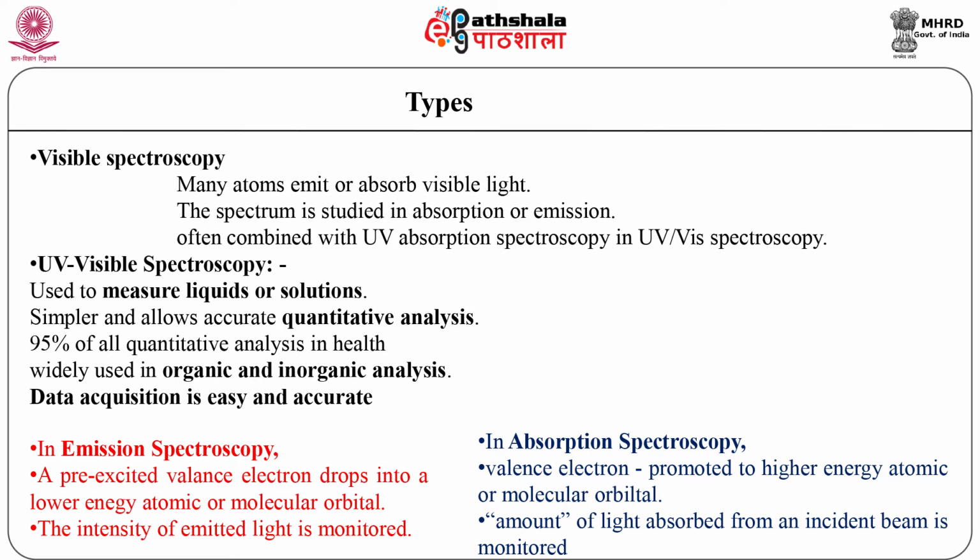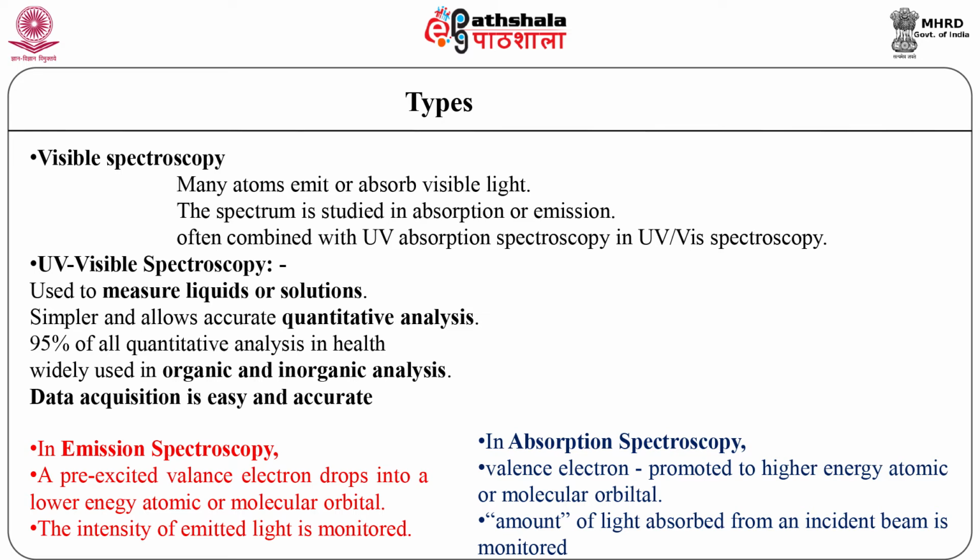The ground state, or ground electron state, refers to the lowest energy conformation of an atom or molecule. An excited state refers to an electron configuration other than the ground state. In absorption spectroscopy, a valence electron is promoted to a higher energy atomic or molecular orbital.